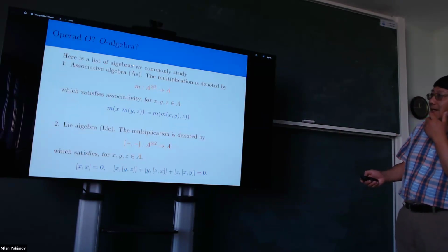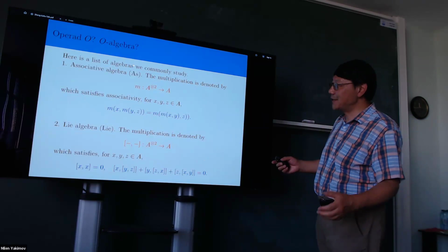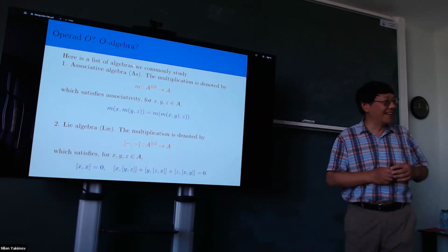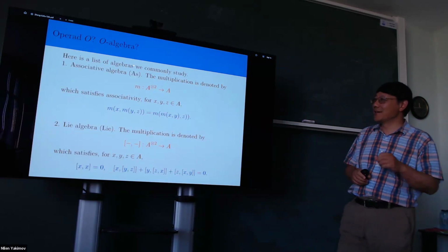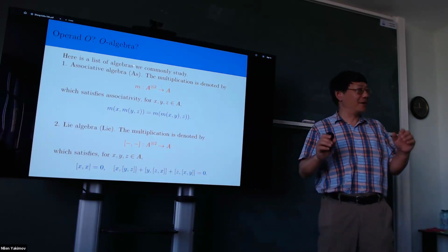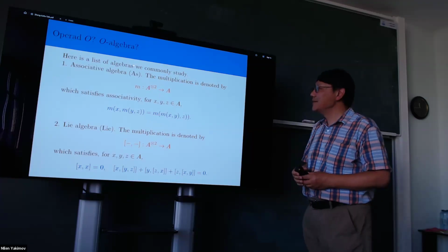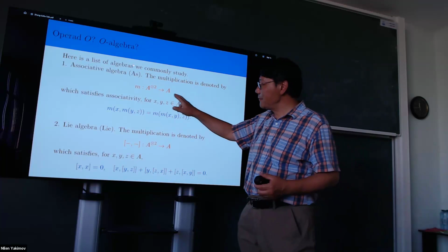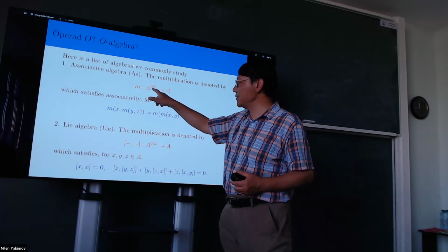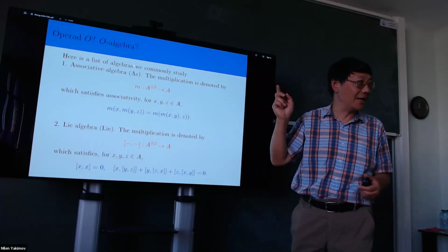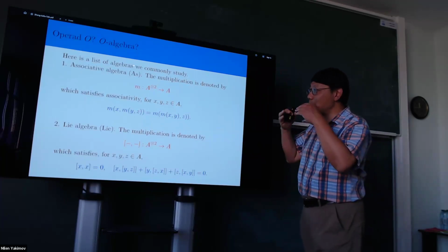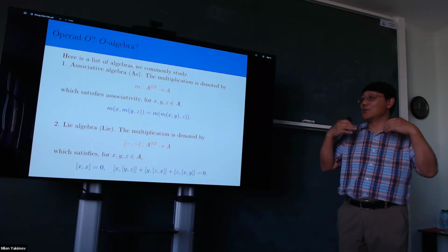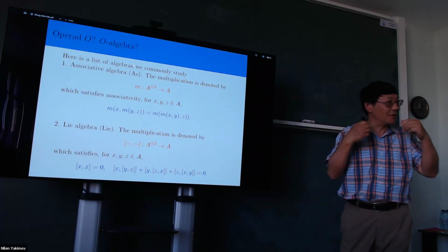Let's see. Operad. First, let me give you some examples of operads. The first one is called the associative algebra operad, AS. This just means that there's a multiplication, I use red for multiplication, from A times A to A. If we consider an associative algebra, then in our mind we have an associative law.